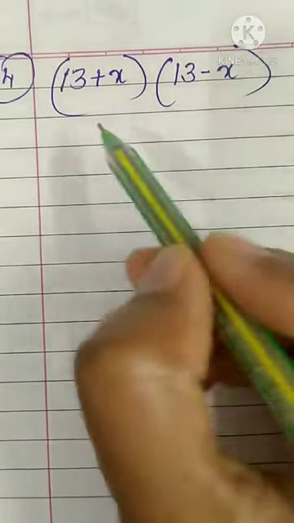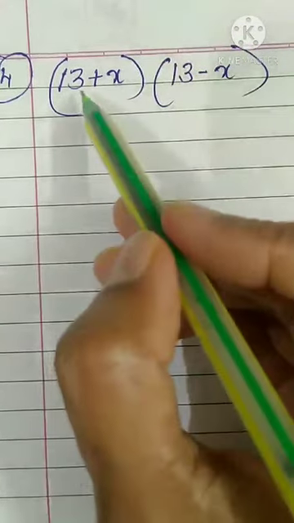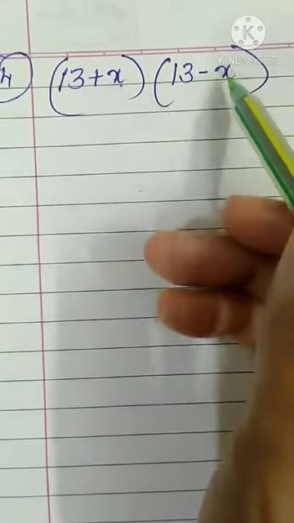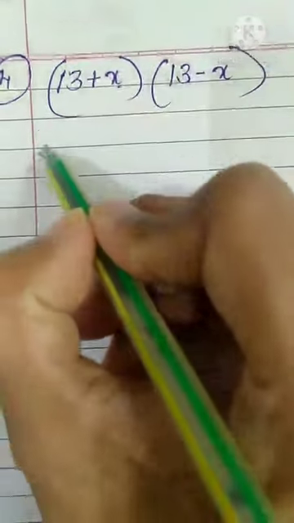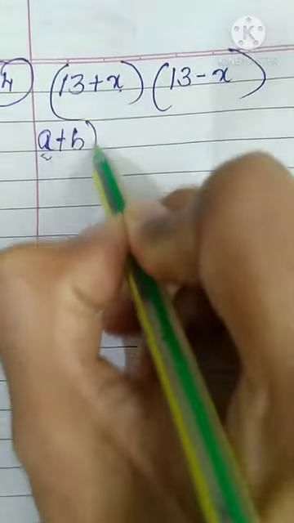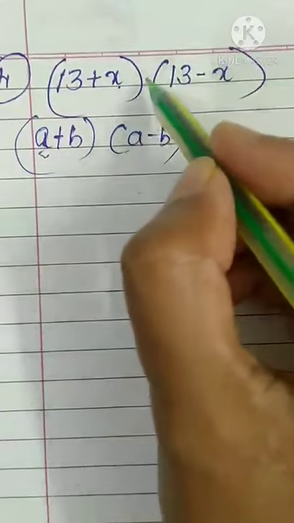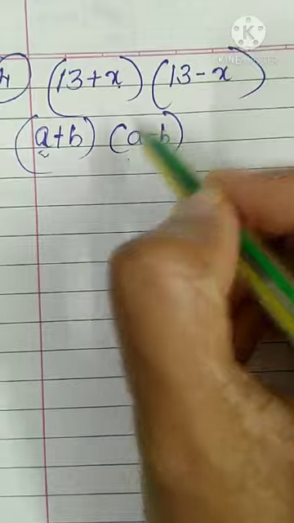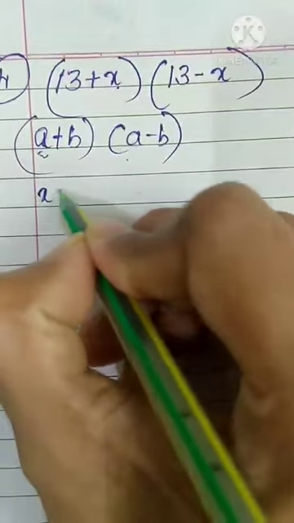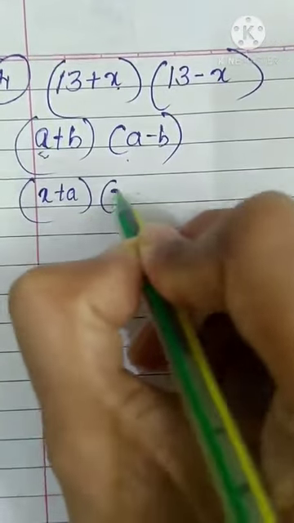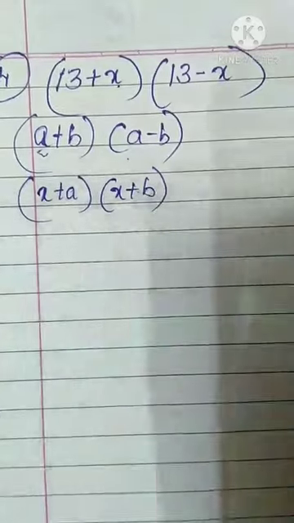Now this sum can be done by two ways. This is same like, see now, 13 plus x, 13 minus x. This is same like a plus b, a minus b. So you can solve this sum either this way or you can solve it by x plus a, x plus b. This way also you can solve.